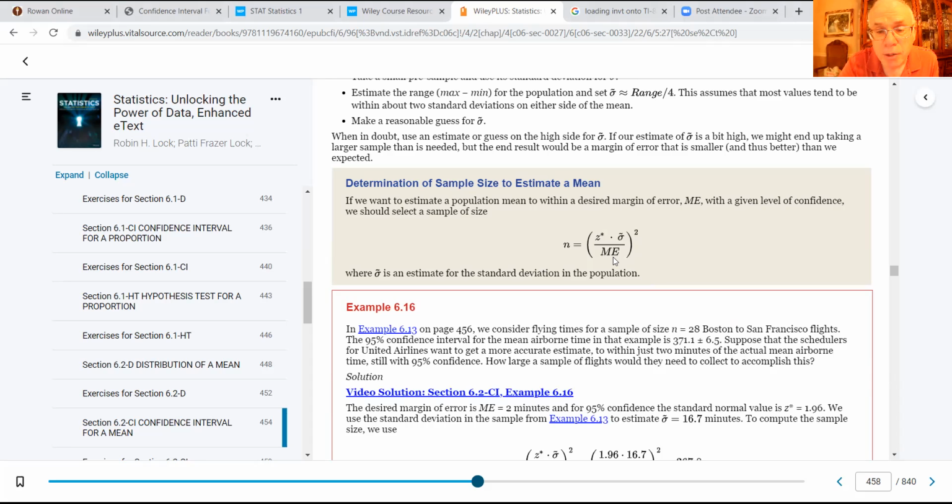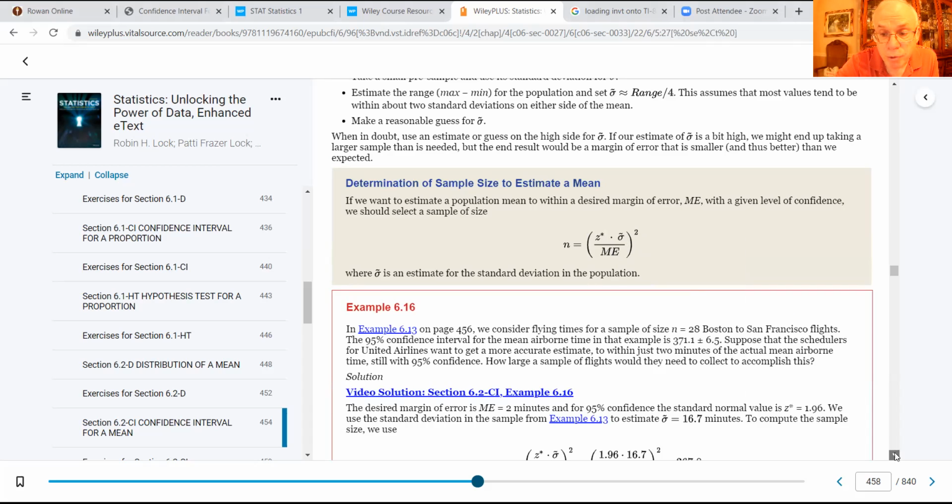So what you do is you calculate your standard normal right endpoint for the confidence interval. You multiply it by the estimated standard deviation, and you divide it by the margin of error that the researcher would like. You square that ratio, and then you round up to the next whole number, and that gives you the minimum sample size.